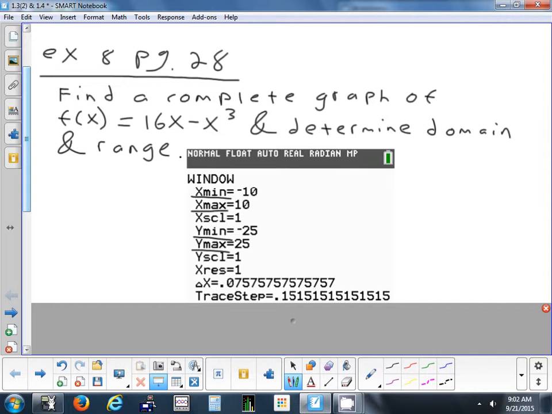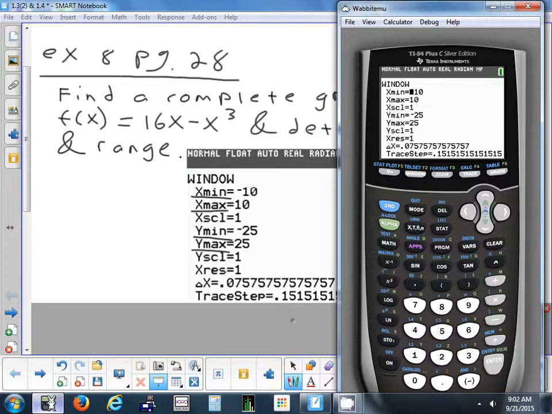All right. Okay, next part. Find the domain and range. The domain basically is what you are allowed to plug in for x here. What kind of numbers can I plug in for x? All real numbers? Yeah, I can plug in all real numbers. The only time you have to be careful with domain is if you're dividing or you're taking a square root.